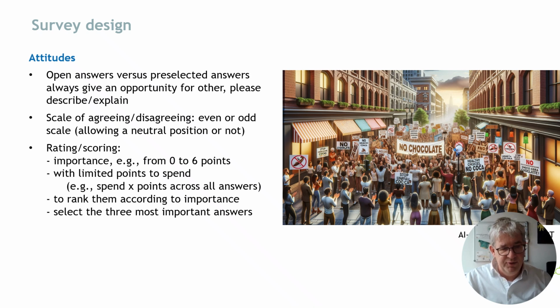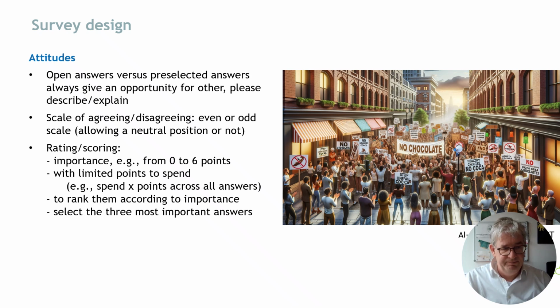Another thing to avoid: if you score a different set of questions about their importance, maybe with points, for example from 0 to 6 points, respondents may rate everything as very important and give 6 points to every answer. You can also limit the points to spend, so they have to share and balance the points across a different set of answers.